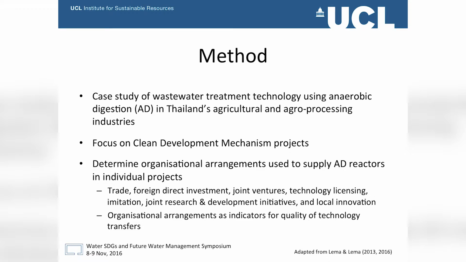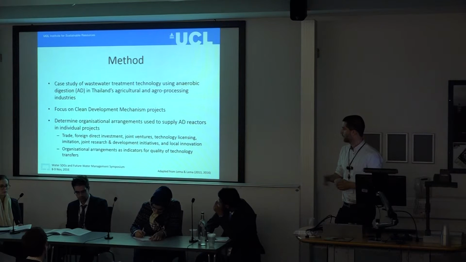All right, so what did I do? I conducted a case study of wastewater treatment technology using AD in Thailand's agricultural and agro-processing industries. For this, I used empirical evidence from clean development mechanism projects. And then I tried to determine the organizational arrangements which have been used in individual projects to supply AD reactors.